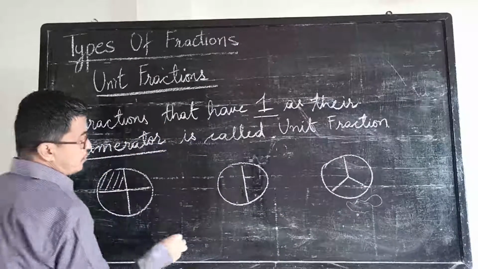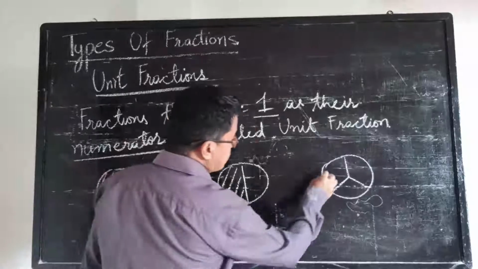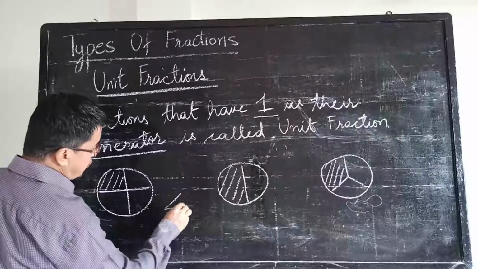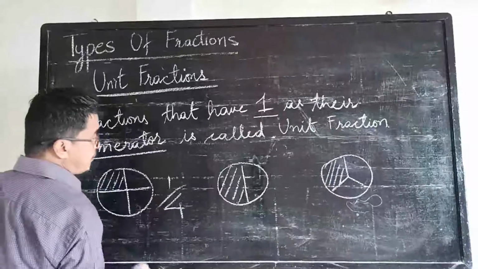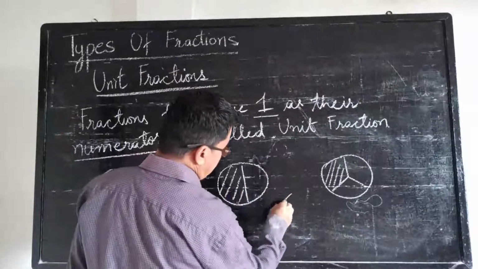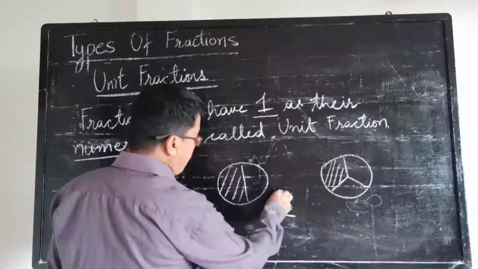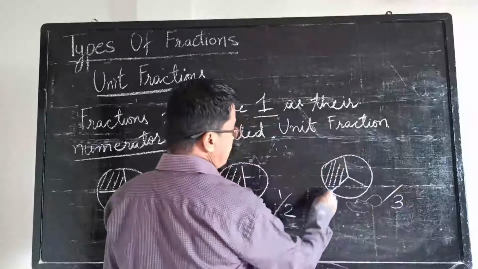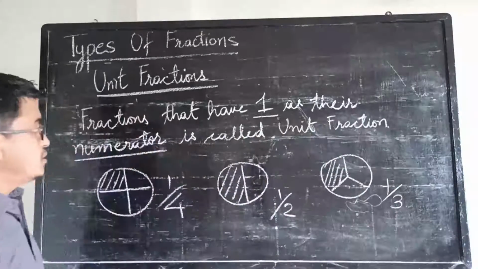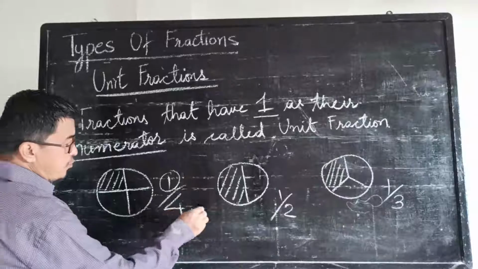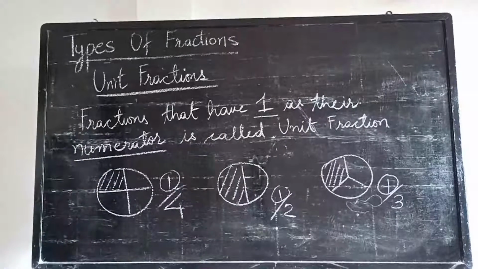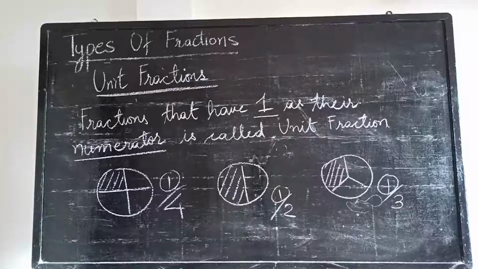How many parts are there? 4. Out of these 4, how many parts have I shaded? 1. Here, 2 parts. Out of these 2 parts, how many have I shaded? 1. Here, 3 parts. Out of 3, how many have I shaded? 1. So all these fractions have got 1 as the numerator: 1, 1, 1. So what fraction is this? Unit fraction. The fraction that has got 1 as the numerator is called a unit fraction.